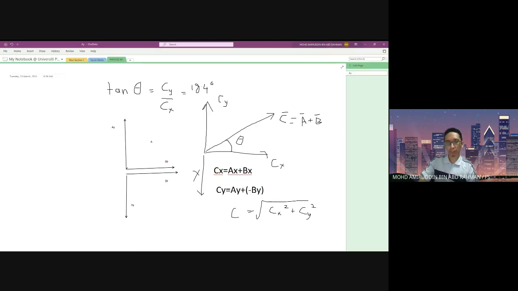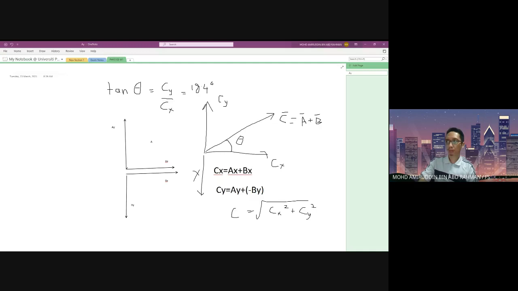Or do you have a problem obtaining the answer? If everyone is okay, we can continue with B and C. Since you already solved the components of A and B, it will be easier. You just find the X component first.